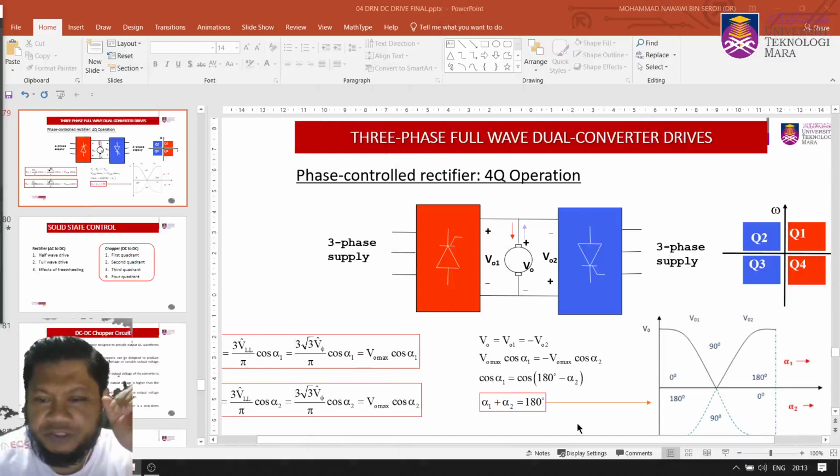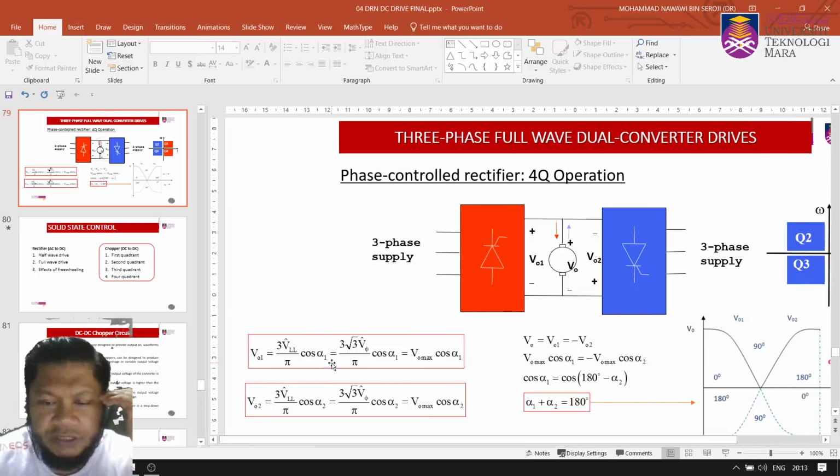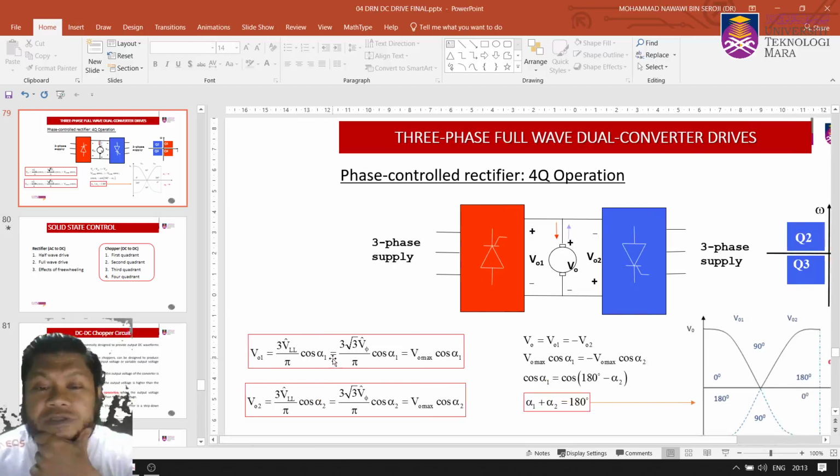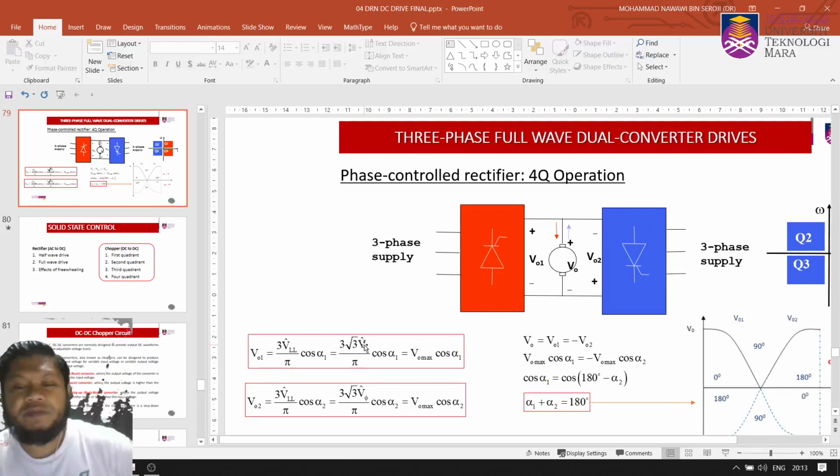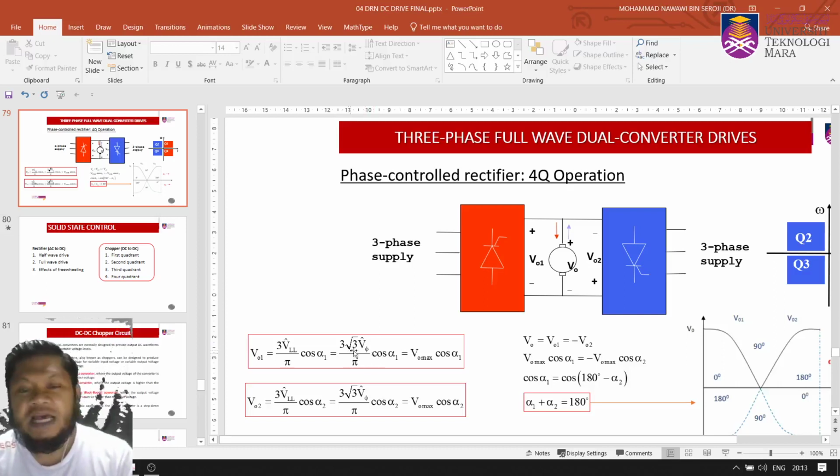This is the equation that you need to memorize, and it is from the power electronics subject last semester. The output can be defined by this equation: 3 multiplied by root 3 V phase peak, this is the peak or maximum value, divided by pi cos alpha 1. And if alpha 1 equals 0, then it gives you the V out max.